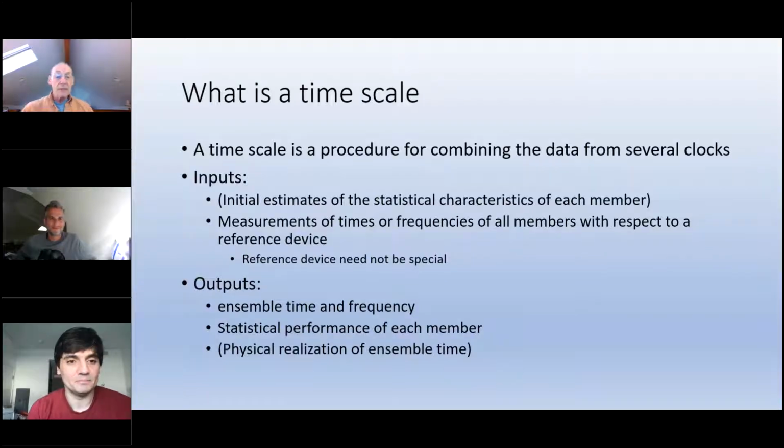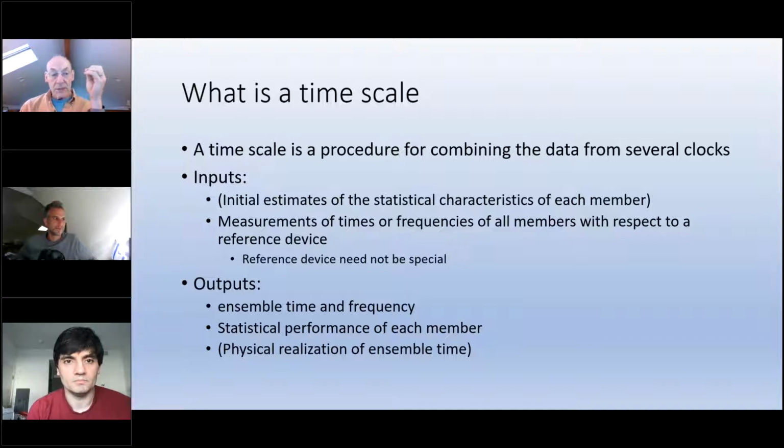Okay, what is a timescale? We take data from several clocks. The inputs are measurements of times or frequencies with respect to a specific reference clock, and that reference clock does not need to be special. You just pick one of the clocks in the grouping that you want to create an ensemble, a weighted average of, and measure them all against that one clock.